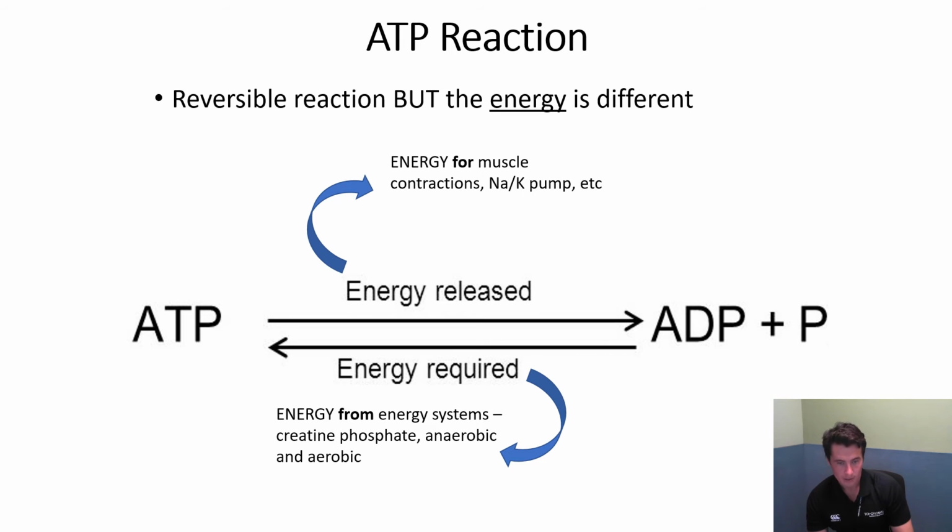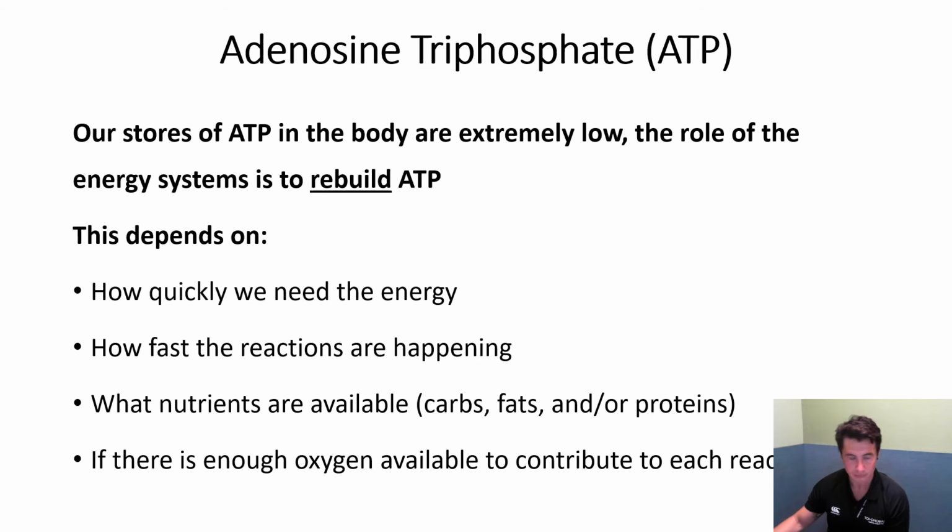So that's where we look at our creatine phosphate system, our anaerobic system, and our aerobic system. Energy released for muscle contractions and functions of the body, and then energy required to replace or restructure ATP so it can be used again. Continual cycle.